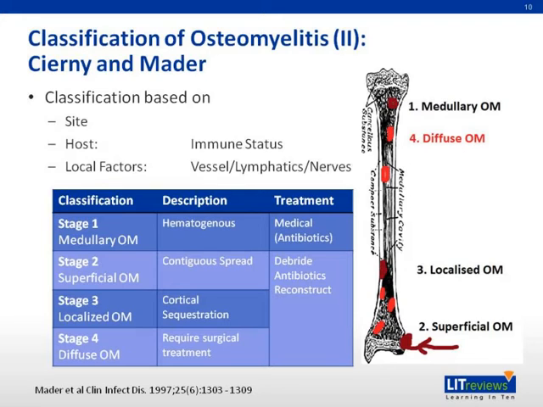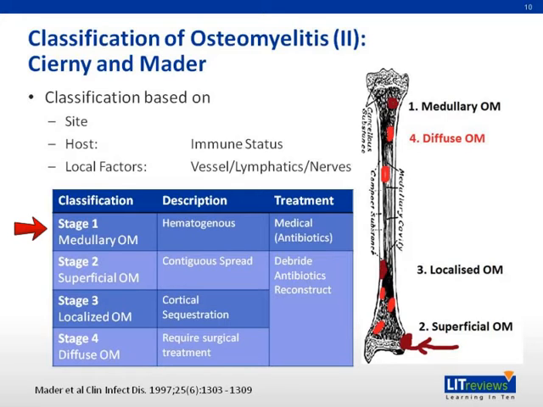Stage 1 is medullary OM, characterized by this spot here. Often it's spread hematogenously. The treatment is then medical therapy alone with appropriate intravenous antibiotics. The second stage is where superficial osteomyelitis develops close to the bone surface, and often it's spread contiguously.